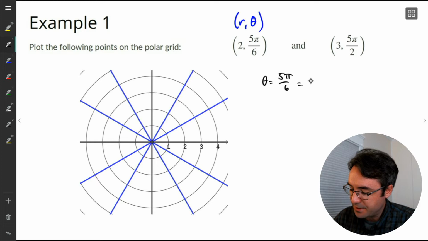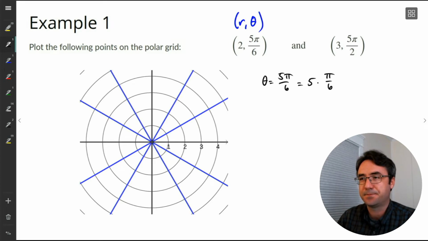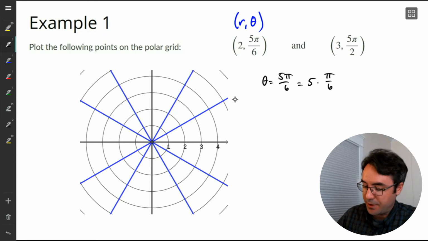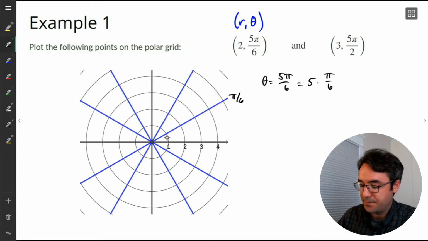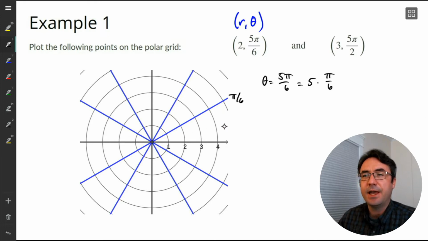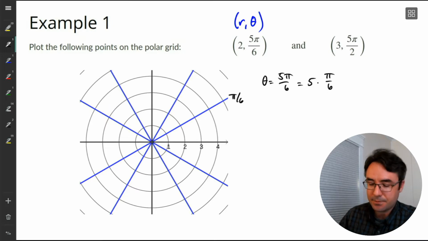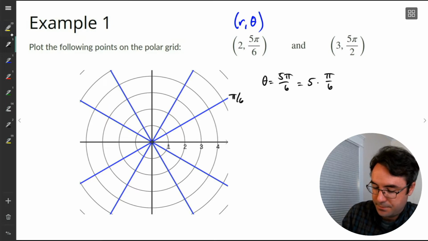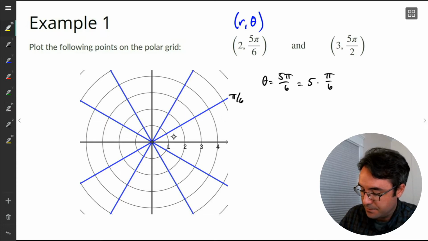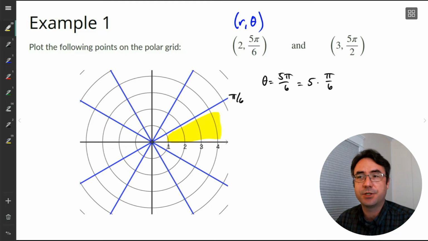Again, it's helpful to think of that as 5 times pi over 6. So we start with our pi over 6 ray, which is right here, and imagine just rotating that 5 times around the origin like that. So here's our pi over 6 wedge, and we're just going to do 5 of those.